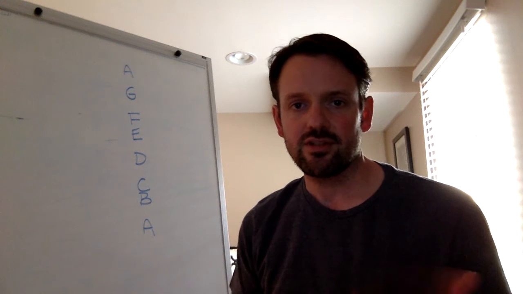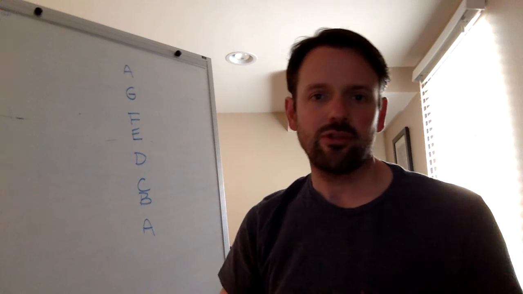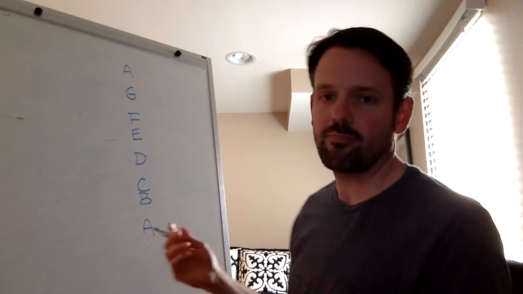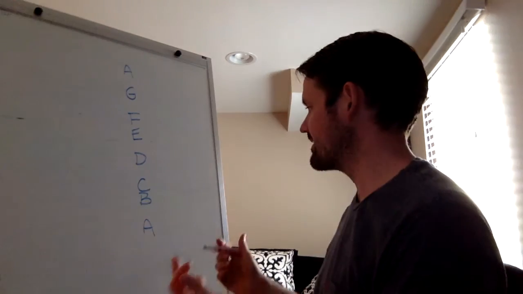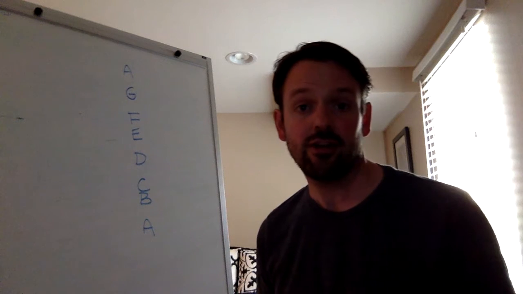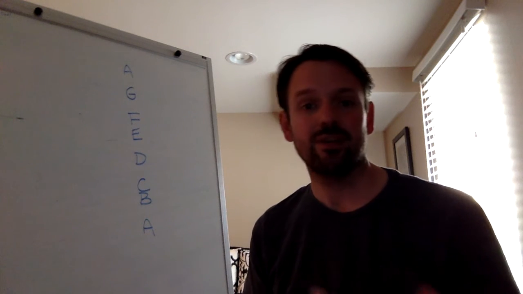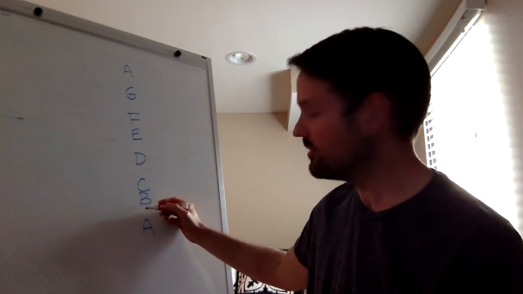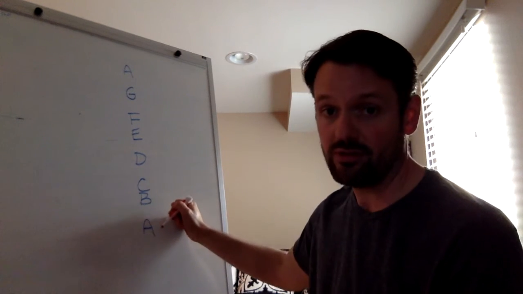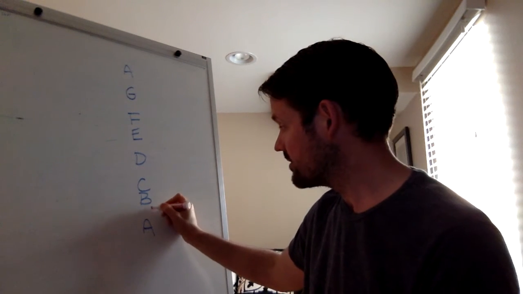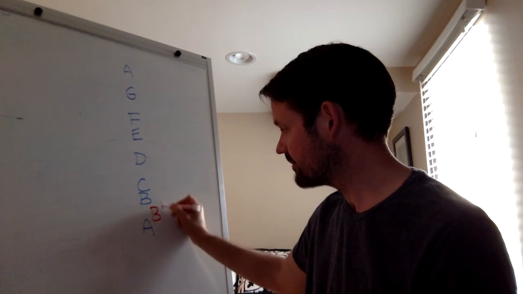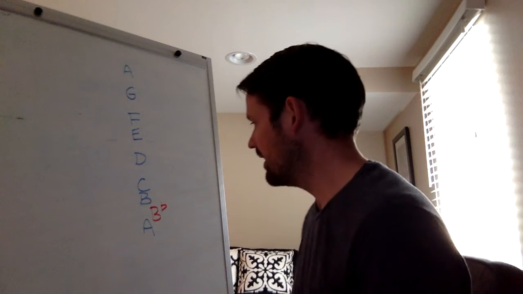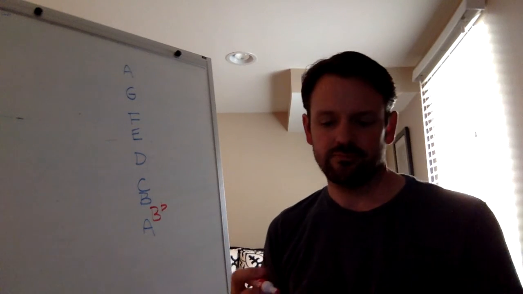So I'm just going to start by writing down a couple of the notes that we're pretty familiar with that we use pretty regularly. Like pretty much everybody plays at one time or another a B flat. Now you guys know that flat means lower. So B flat goes in between B and A because it's lower than B. So B flat is a note that comes between B and A. Let's look at a sharp.